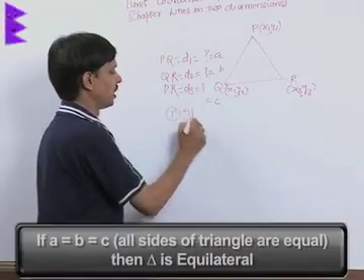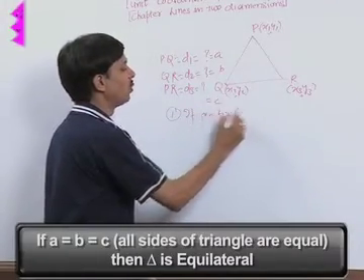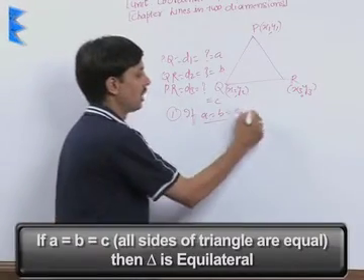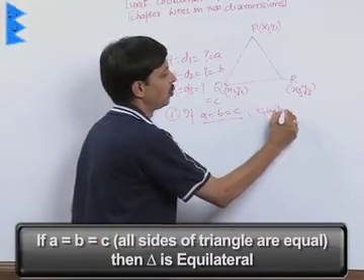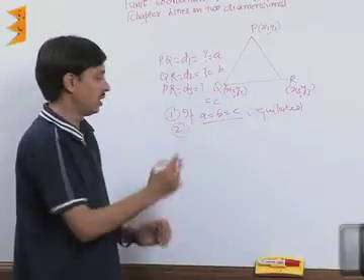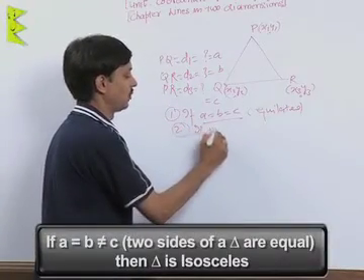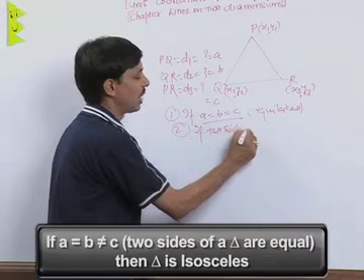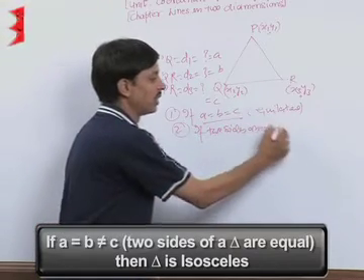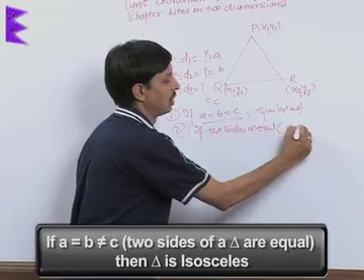Now the question is raised, how do we decide the nature of the triangle? The first situation: if A is equal to B is equal to C, it means all sides of the triangle are equal. We will say the triangle is equilateral. In the second situation, if two sides are equal and the third is unequal, we will say the triangle is isosceles.